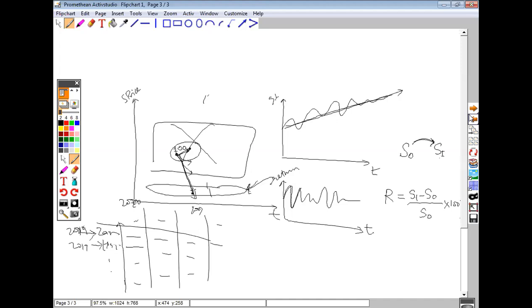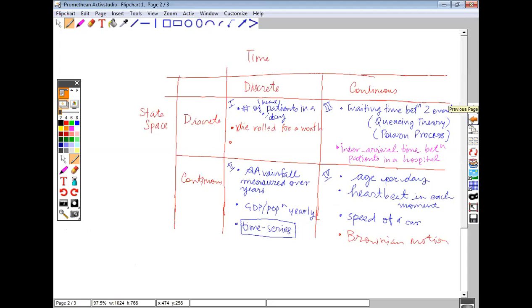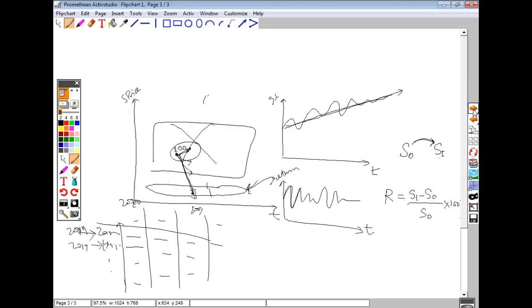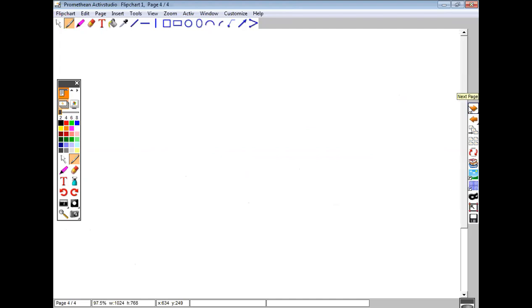Actually, we can have a look at the dice example as well. Let us say I define a random variable S, the sum total of dice numbers observed.